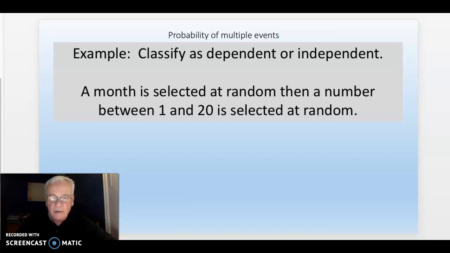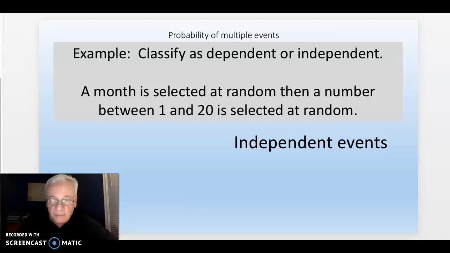Are those dependent or independent? Well, one doesn't affect the other. They're independent events. If I was saying I'm going to select a month and then I'm going to select a number from that month, that would be dependent. Okay, you're going to need to know that for the exit ticket.